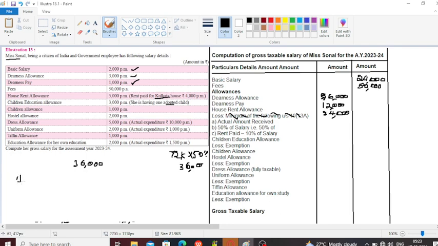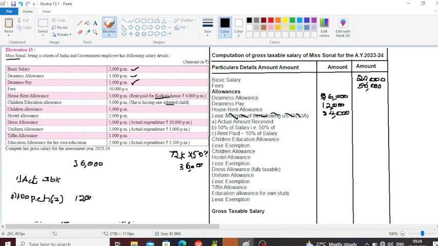First one is actually received by Miss Sonal, that is 36,000, and second one is 100 per child per month. For one child per annum it is 1,200.